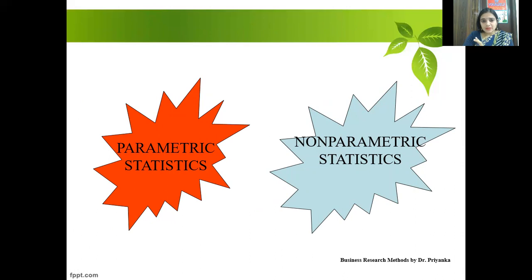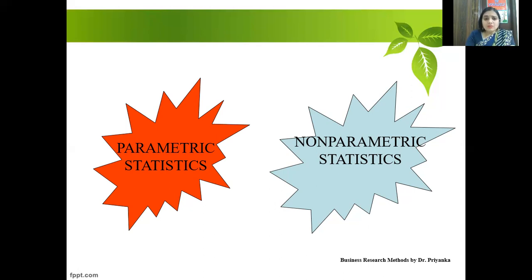So if you have ratio scale data, then you will go for parametric statistics. That means t-test, ANOVA, correlation, regression, such analyses. But if you have collected data with the help of an ordinal or nominal scale, you will go with non-parametric statistics. For example, there are so many, Mann-Whitney, Kruskal-Wallis, and others, right?